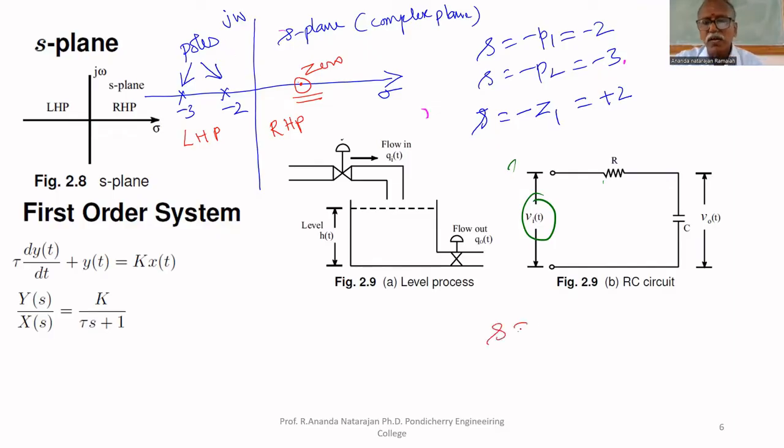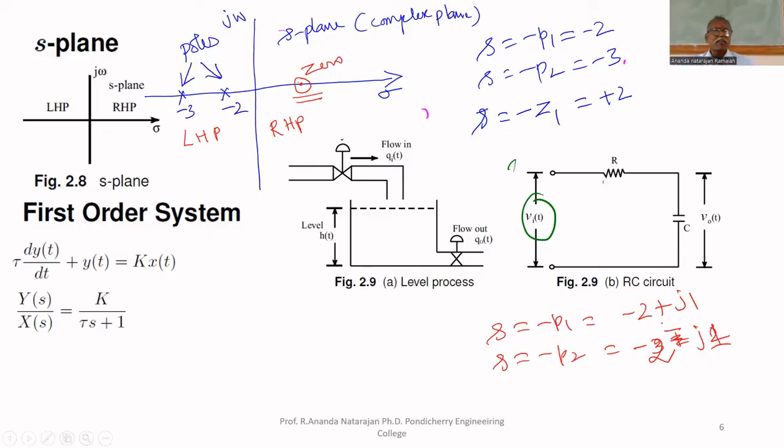Suppose the poles are S equal to minus P1 and minus P2, say minus 2 plus j1 and minus 3 plus j2. Then there must also be minus 2 minus j1, so it must be in complex conjugate pairs only. You cannot write it otherwise.